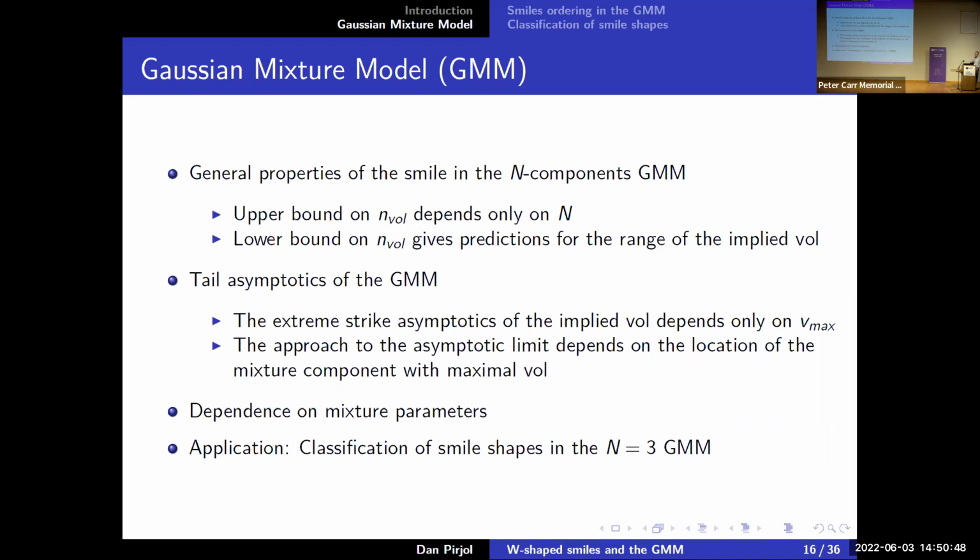And then we make predictions for the dependence on the mixture parameters. What happens if the mixture parameters are more spread out, more narrow? What is the impact of the dispersion of the mixture parameters on the shape of the smile? And as an application, I'll give a complete classification of all the smile shapes which can be generated by the 3-component Gaussian mixture model.